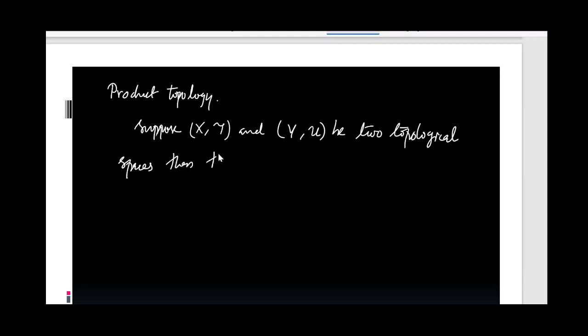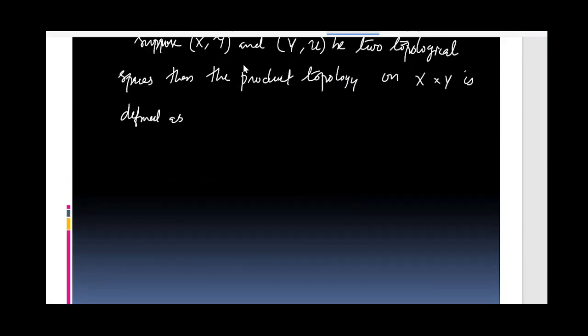Then the product topology on X cross Y is defined as, I will denote this with tau dash. Tau dash contains the sets V cross U, where V belongs to tau and U belongs to tau prime.